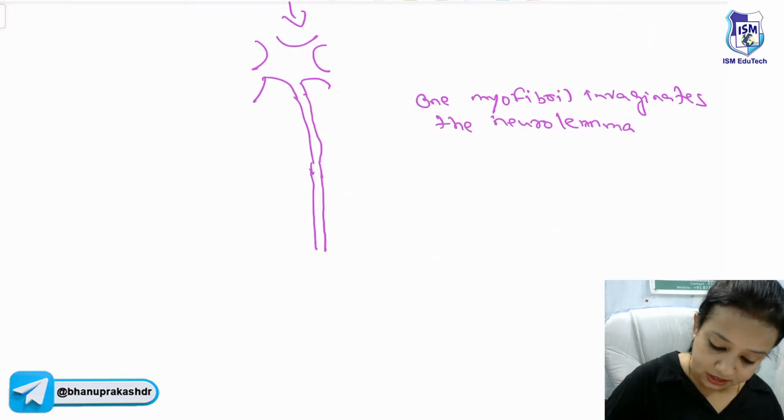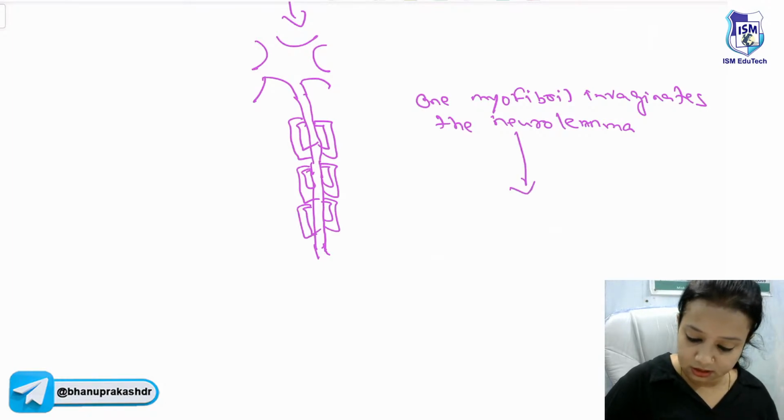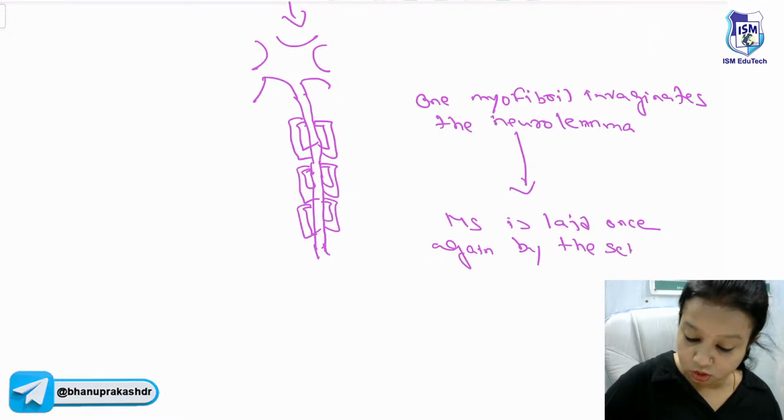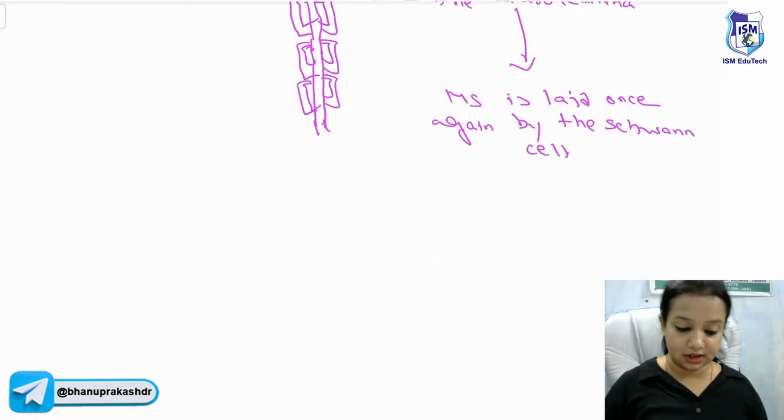Then the myelin sheath is laid once again by the Schwann cell. This is what happens in the distal area.